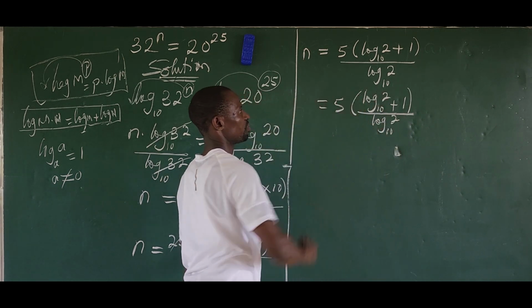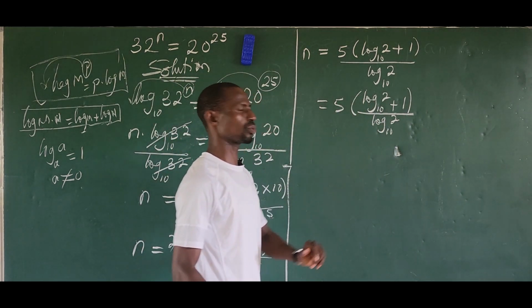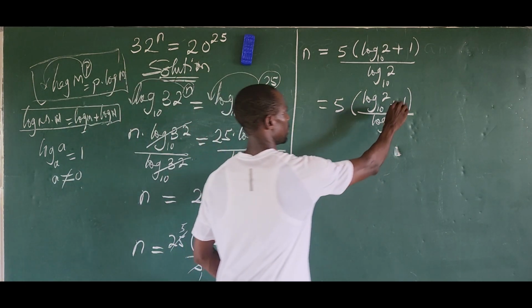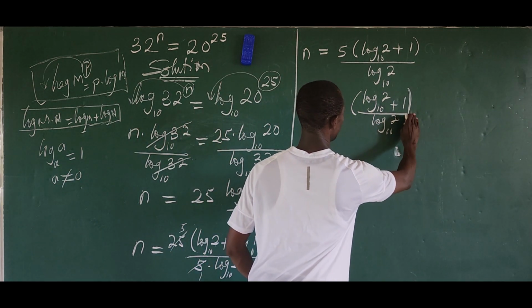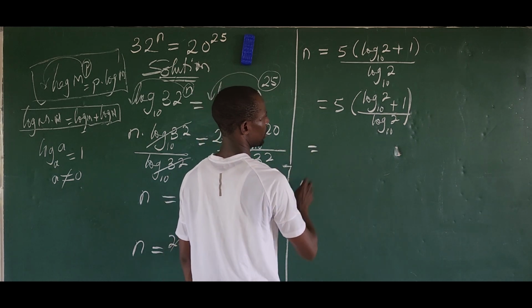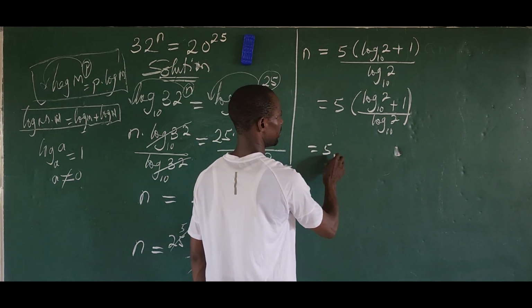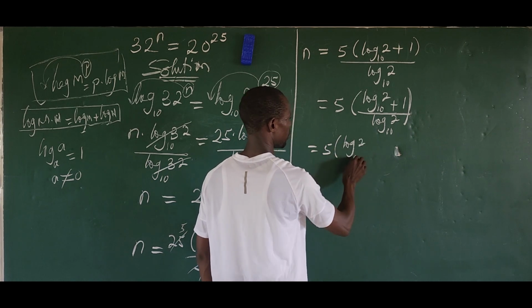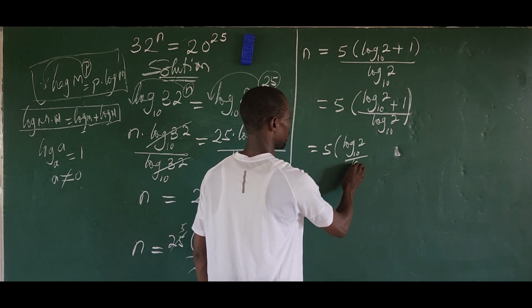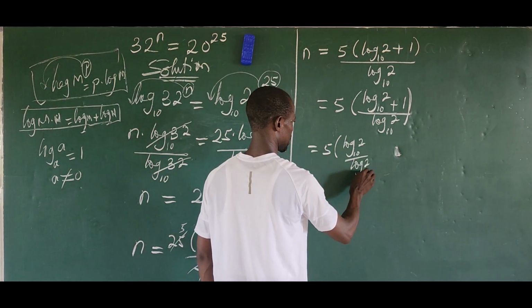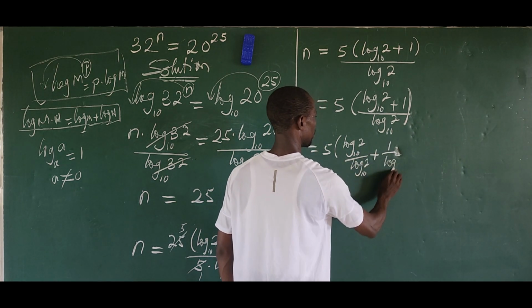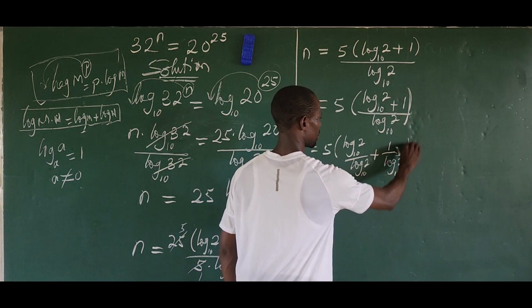We're having log 2 base 10 here, and we're having log 2 base 10 at the denominator. So let's rewrite everything here. This is going to end up giving us 5, then bracket log 2 base 10 all over log 2 base 10, plus 1 all over log 2 base 10.